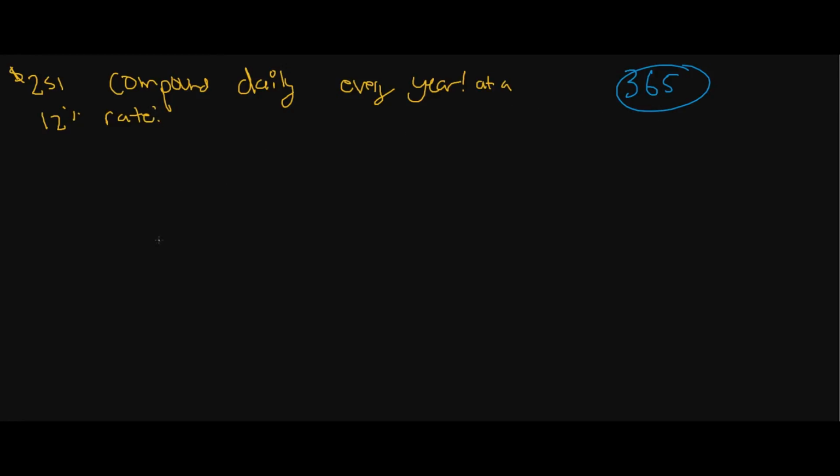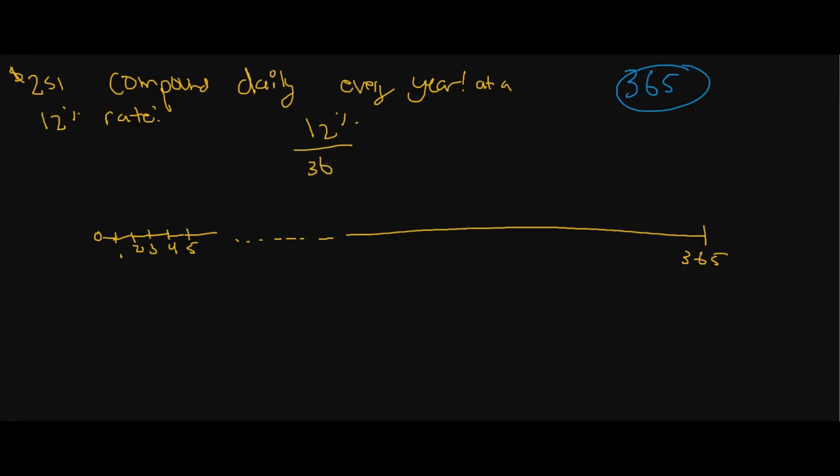So that means we're going to take every day, 1, 2, 3, 4, 5, all the way until we get to 365. We're going to take our 12% and break it up evenly every single day, because there's 365 days in a year and every day the compound is going to be applied. So we divide this by 365.